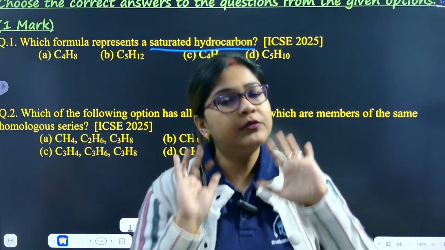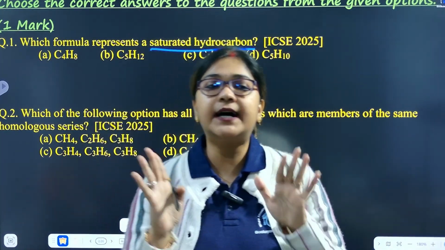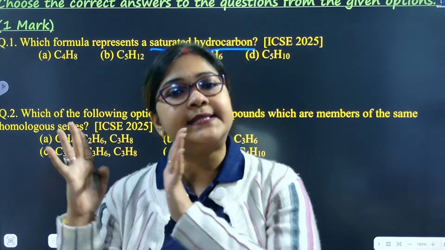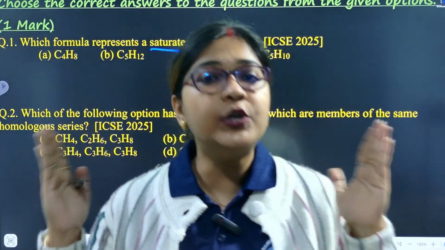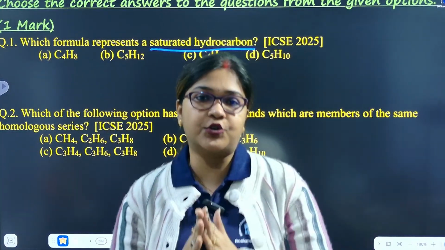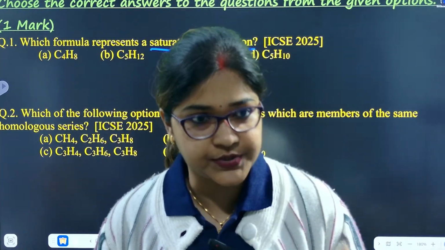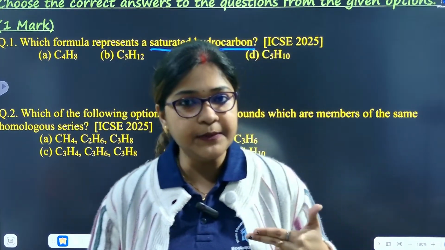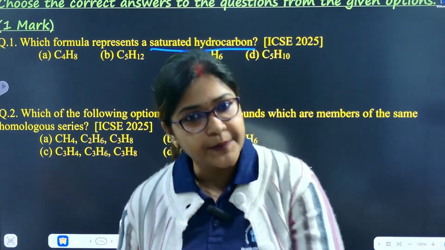Many of you give this answer correct, but there is a basic difference between saturated and unsaturated hydrocarbons. Do not confuse them. Saturated hydrocarbons are hydrocarbons having single bonds. And unsaturation is where you have multiple bonds, that is, carbon-carbon double or triple bond.